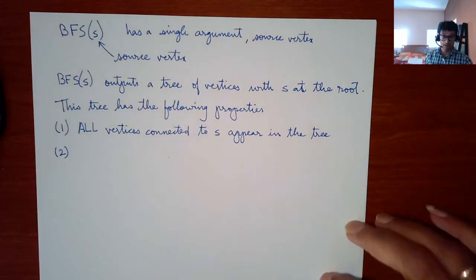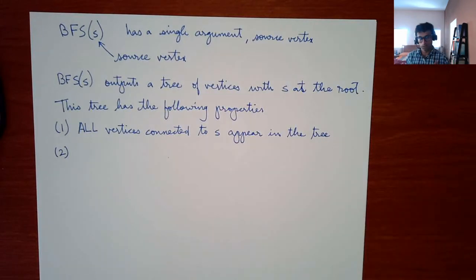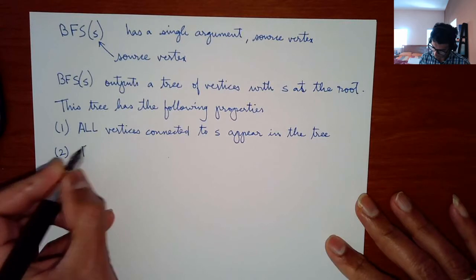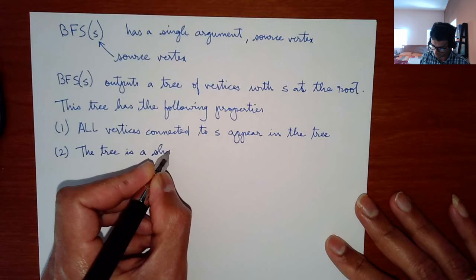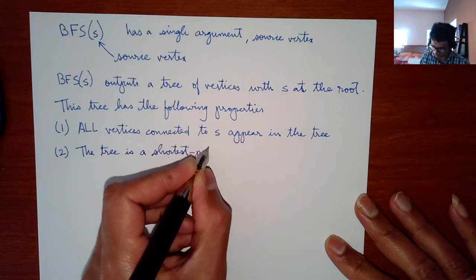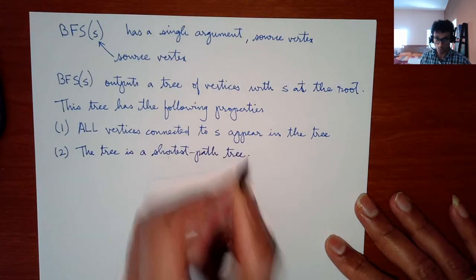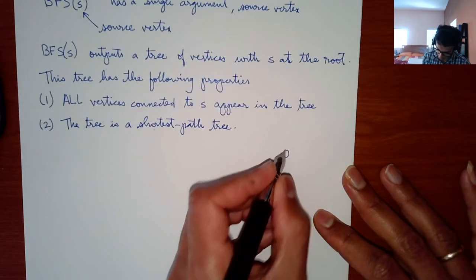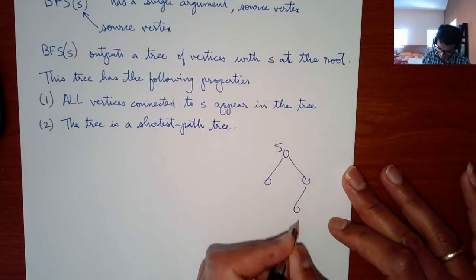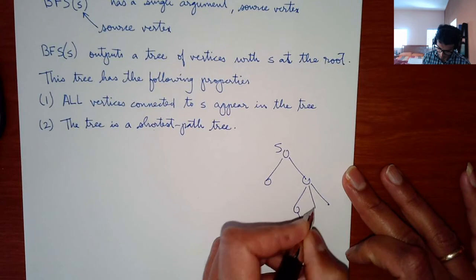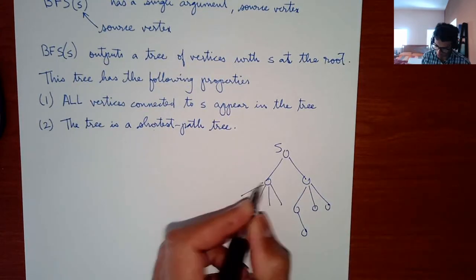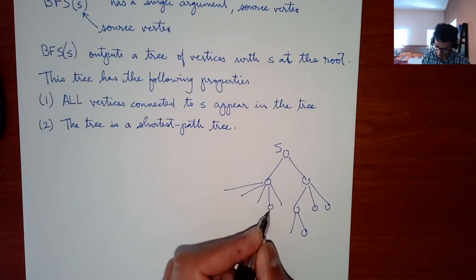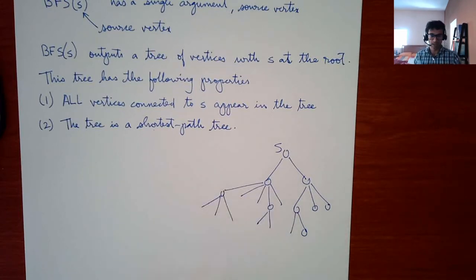The second, and this is in some sense one of the most important properties, is that the tree is a shortest path tree. Okay, what do I mean by that? So let me draw a picture. So you have this tree. It's not a binary tree, it's just a tree, which means that some nodes may have lots of children, some of them might have a few children. You end up with something like this.